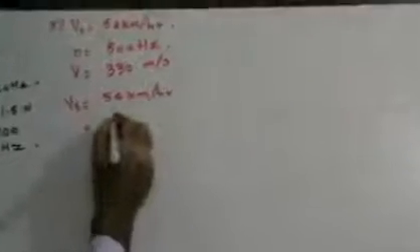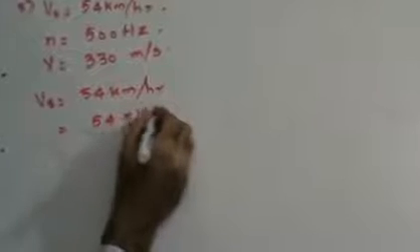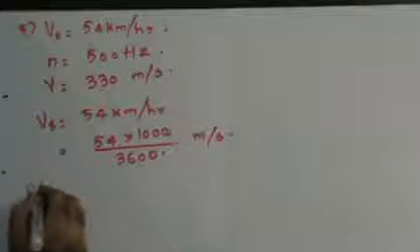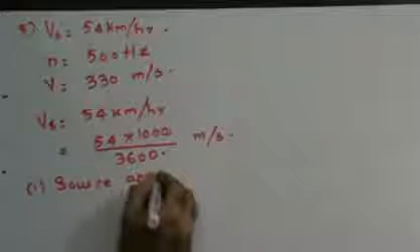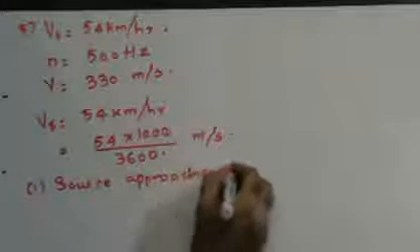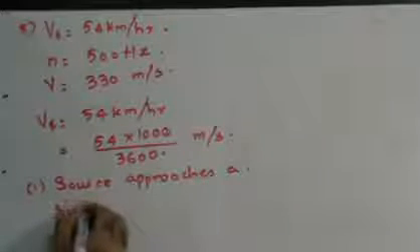Now first thing, let's find out the velocity of the source. Velocity of the source is given as 54 kilometers per hour. First let's convert this into meters per second. Multiply by 1000, divide by 3600. That will give you those many meters per second. So you now know the velocity of the source, and you also know the velocity of sound in air. Now the first part of the question, they are saying that the source approaches a stationary observer.